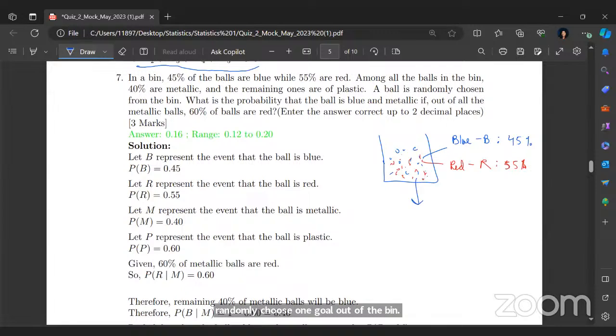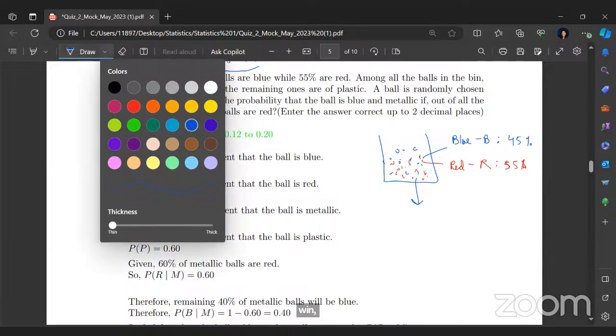What is the probability that the ball is blue and metallic if out of all the metallic balls, 60% are red? Okay, I think I missed the second sentence. Yes, the second sentence says among all the balls in the bin, 40% are metallic and the remaining ones are plastic.